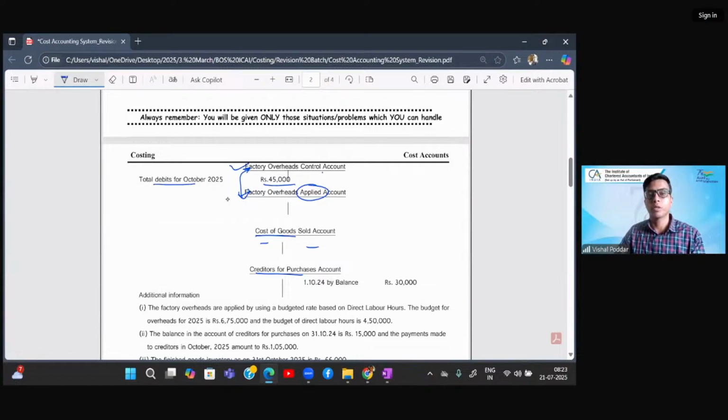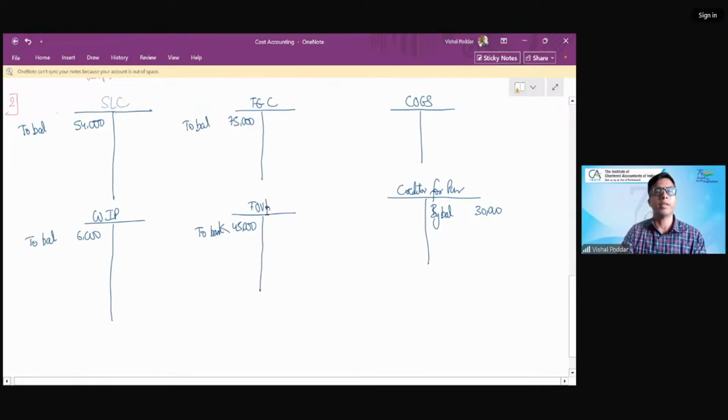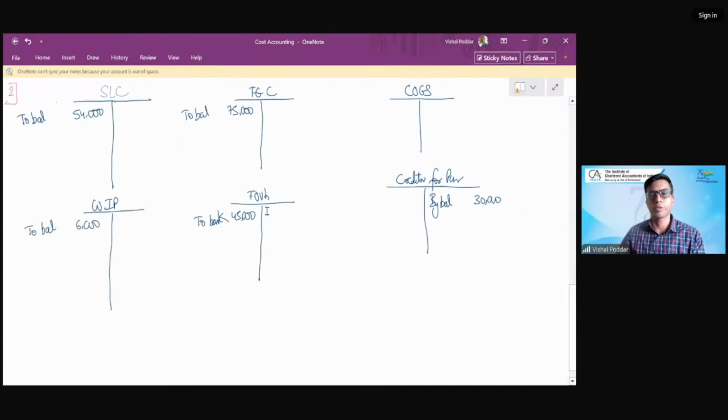COGS, nothing is given for the time being. And purchases, again, this is 1st October 25. Opening balance for creditors is 30,000. Right? Okay. So with these details of balances, let us now proceed.